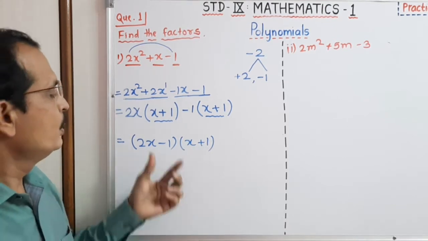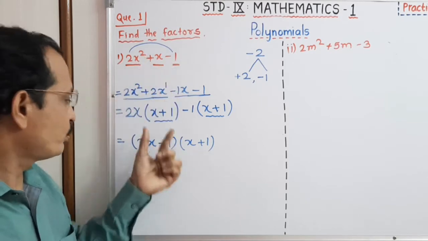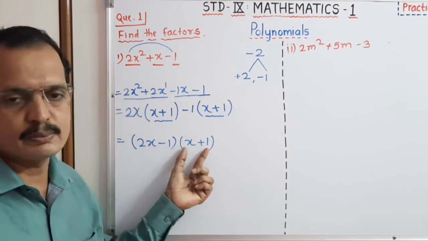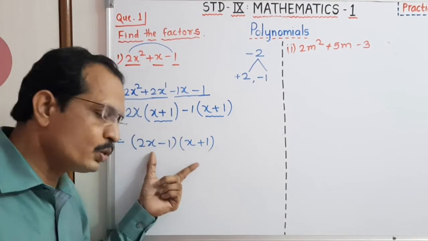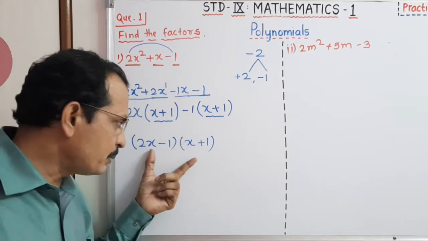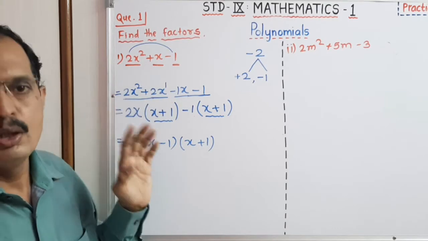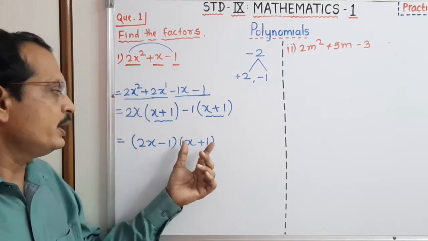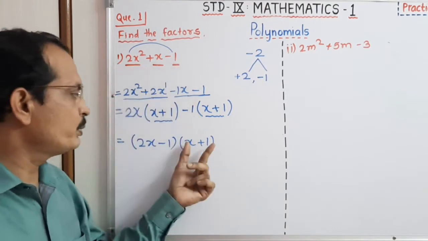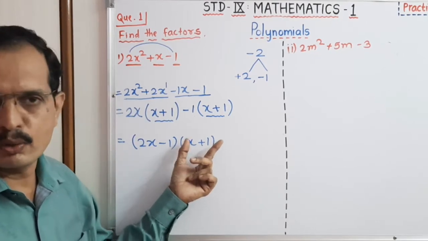We got the two factors of this polynomial: 2x minus 1 into x plus 1. Dear student, these are the two factors. That means if we multiply these two polynomials, we will get 2x square plus x minus 1. From that we can conclude, if we divide this polynomial by x plus 1, the remainder will be 0.